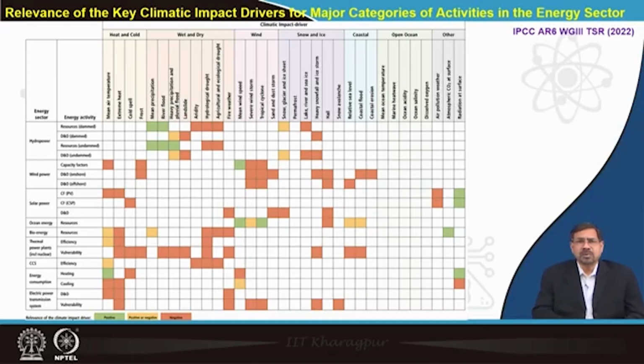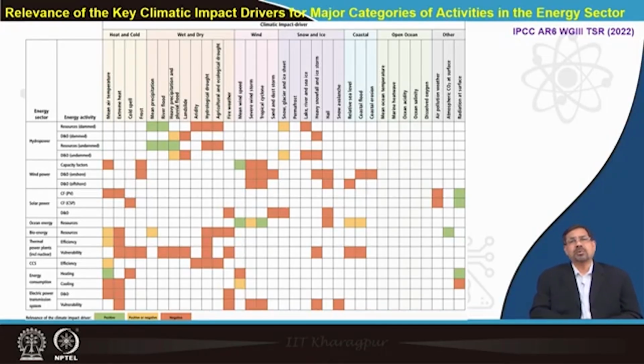We need more precipitation availability, and the flood situation, both can be in green. That means as far as hydropower is concerned, it helps or takes care of climate change mitigation.